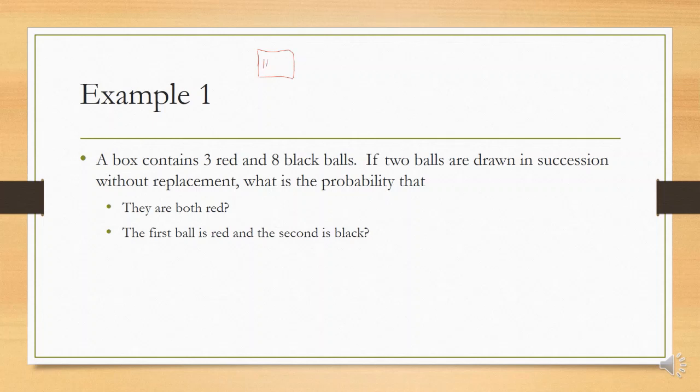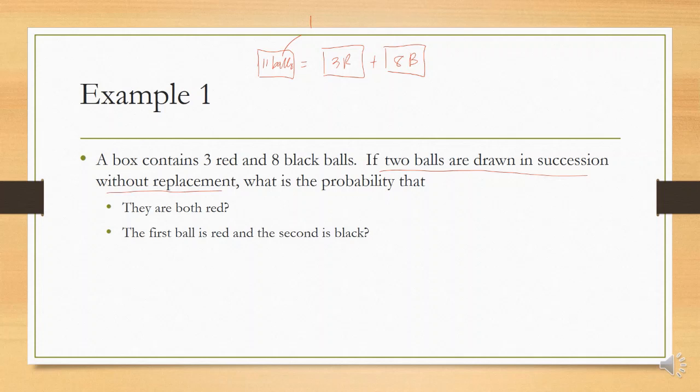So, all in all, meron tayong 11 balls which consist of 3 red and 8 black balls. Okay? Pag sinabi natin, if 2 balls are drawn in succession without replacement, ibig sabihin, dalawa yung kinuha nating bola, nauna yung isang bola. Kumuha tayo ng isa doon sa box natin, okay?